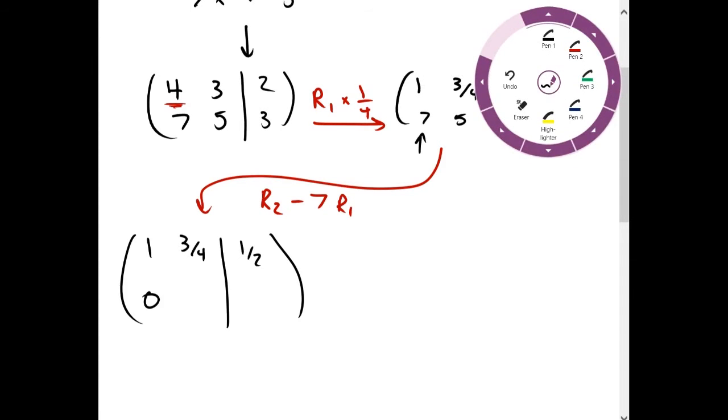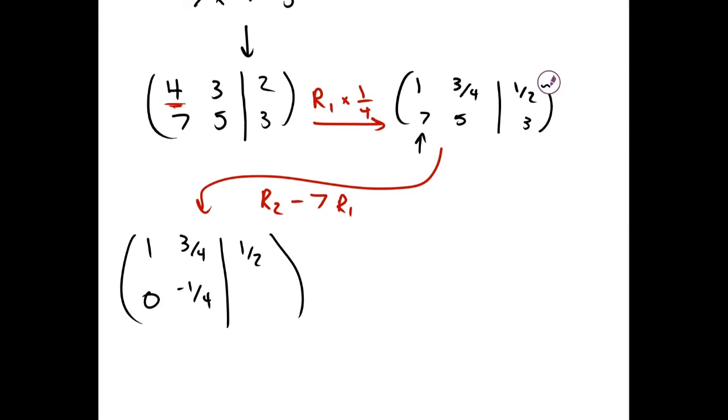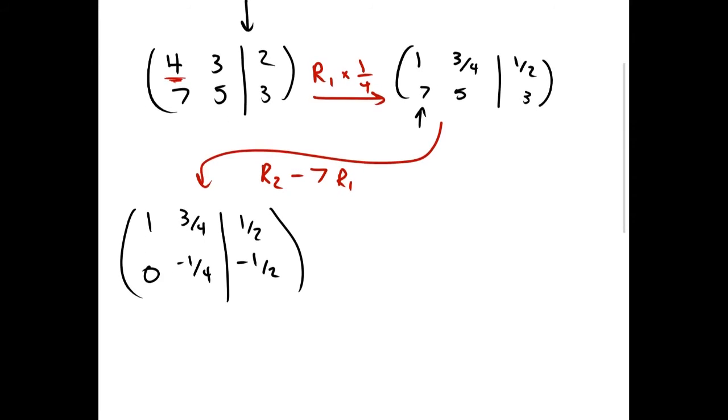That'll give us negative 1/4. And then we take 1/2, multiply that by negative 7, and add it to 3, which gives us negative 1/2.